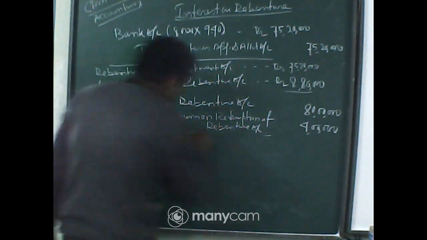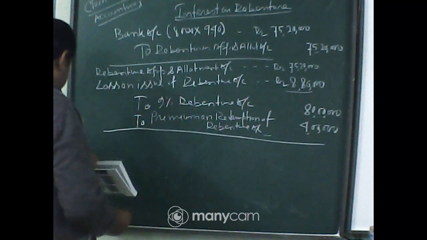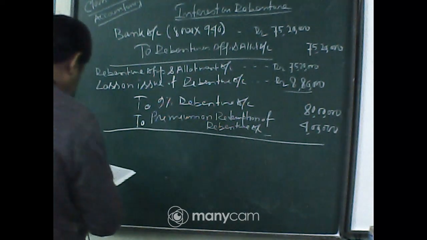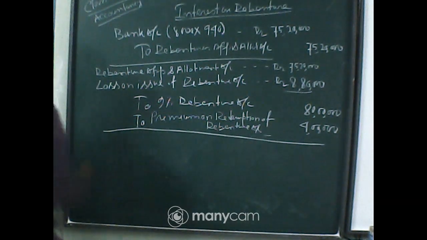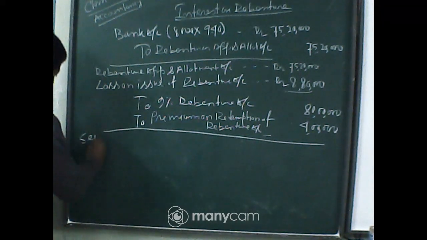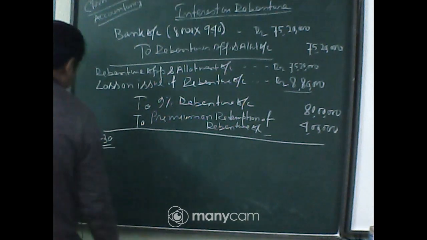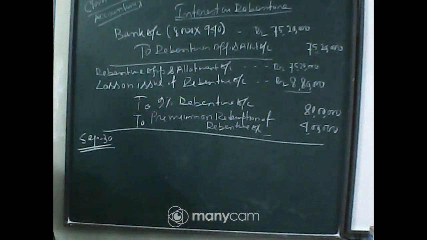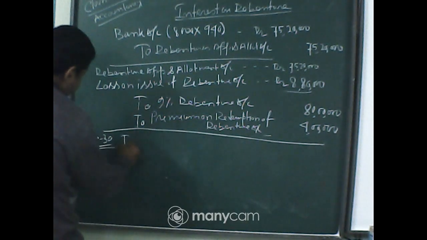Now come to the next, what is our main purpose. On first September 13 they will give the interest. At that time what actually happens, interest is an expense for the company.